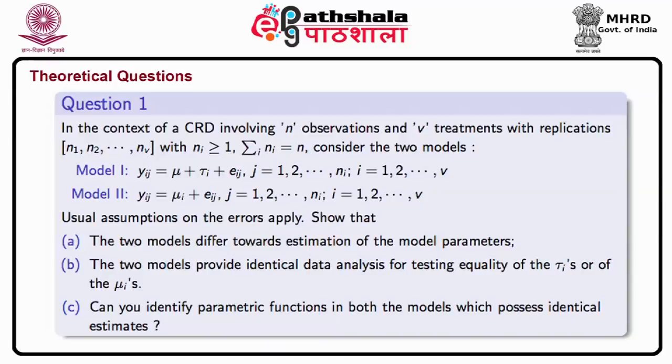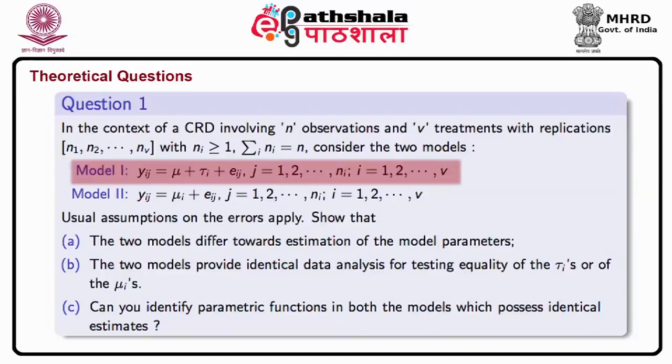Question number 1. In the context of a CRD involving n observations and v treatments with replications n1, n2, up to nv as usual, consider the two models.